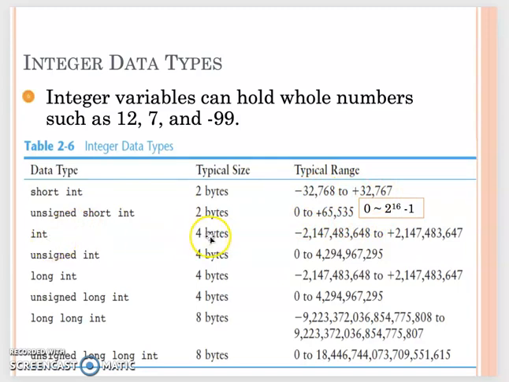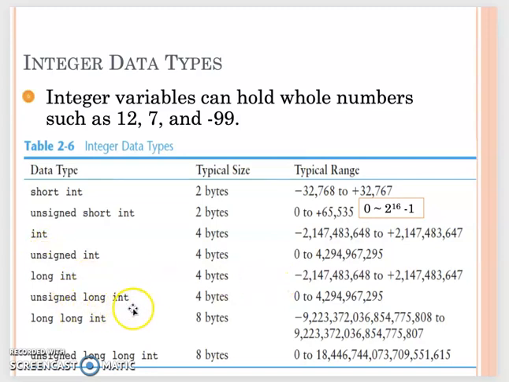On the other hand, if you have a 4 byte int, then it has 32 bits to contain the value, but int includes positive and negative. Then you have unsigned integer. Unsigned integer is also 4 bytes, but you see here it will be bigger than your int because it doesn't have negative numbers. Then you have long int. The long int is actually the same as the int here.